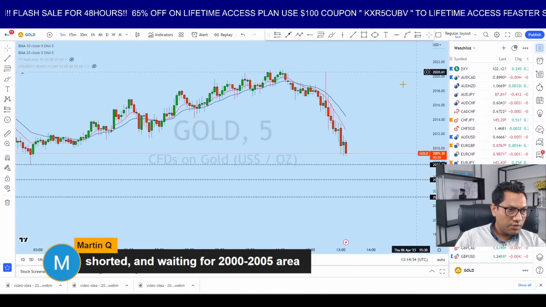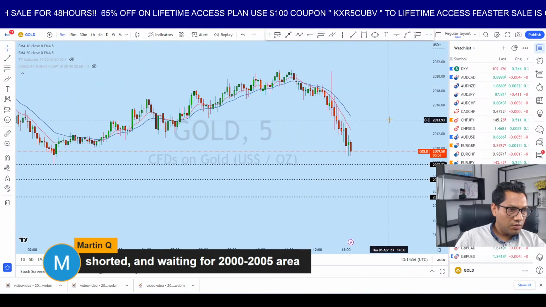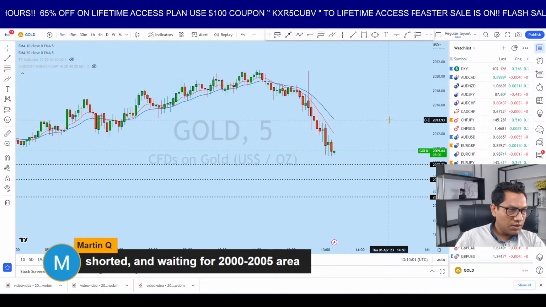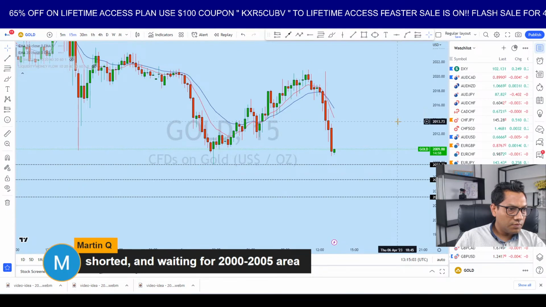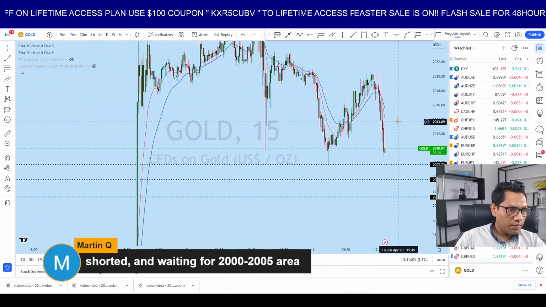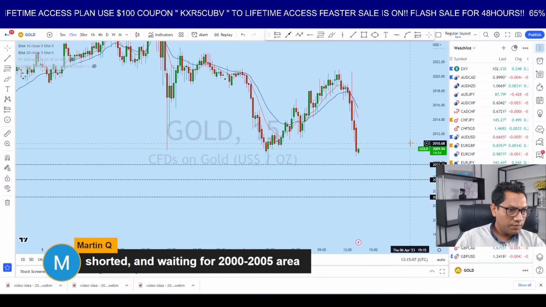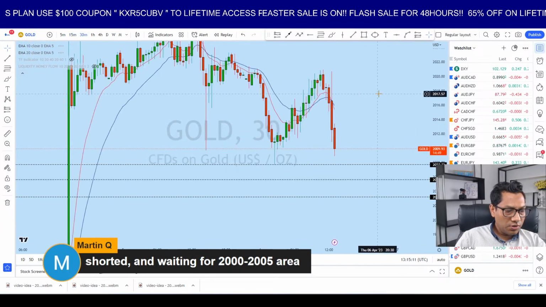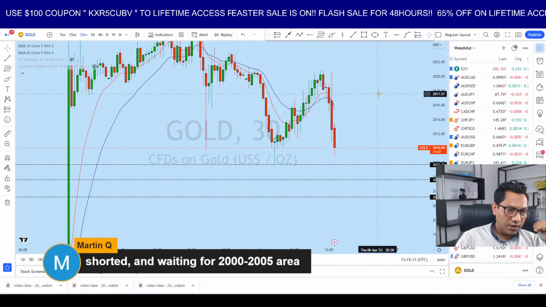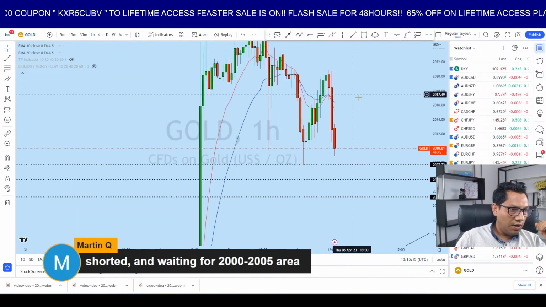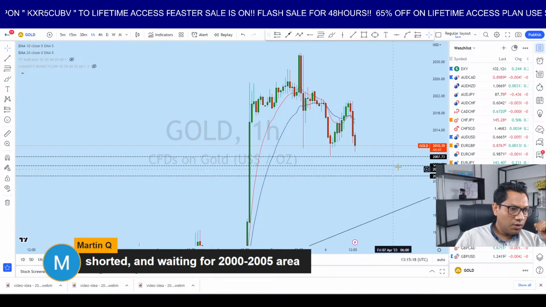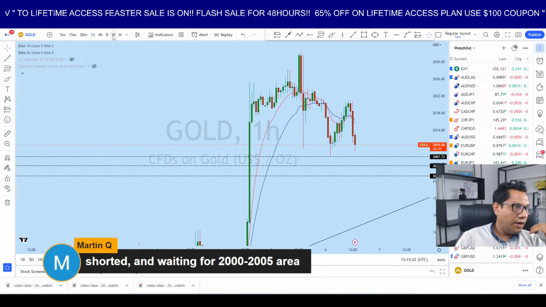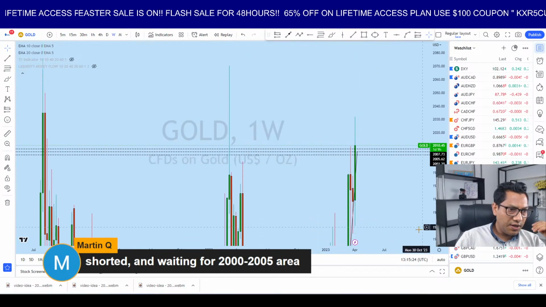From this 5 minute chart you can see that gold is, because NFP is coming, it's very important to see what gold is trying to do, because the trend is up and the price has already made a move.